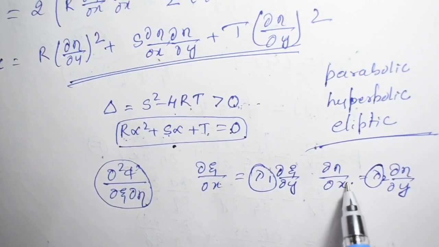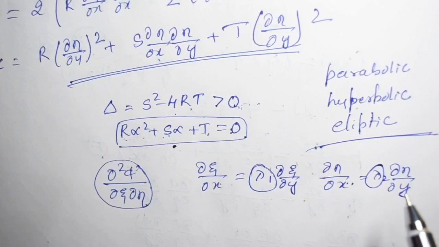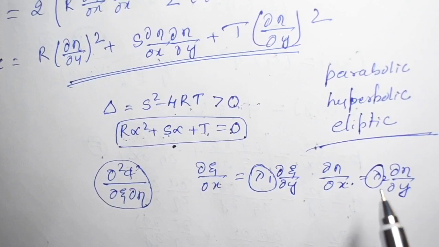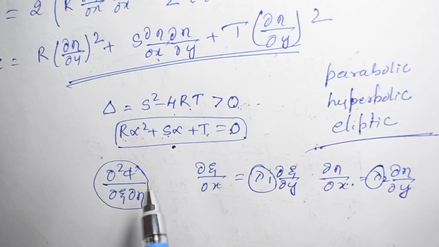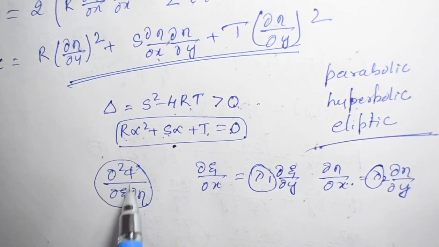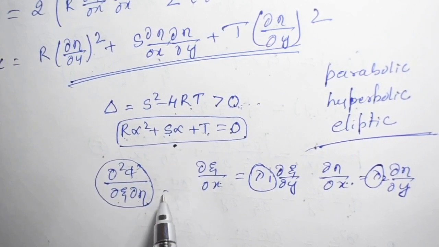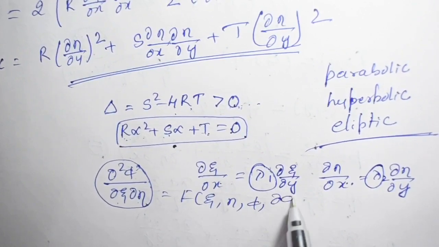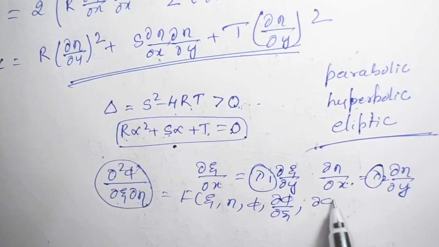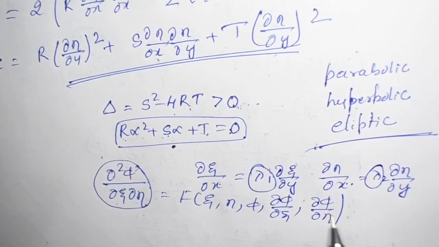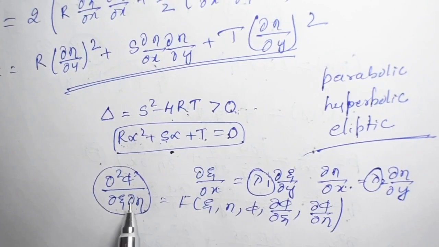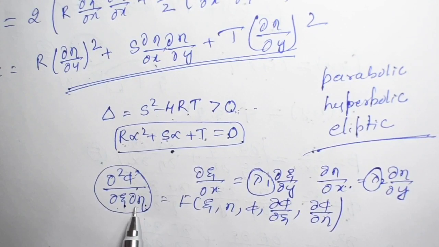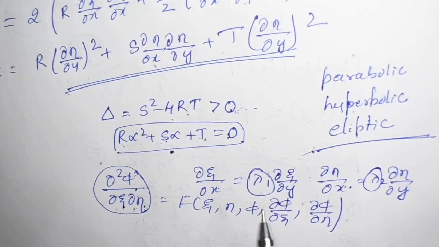With the help of xi and eta you are going to transform the equation, right? Then after the transformation the remaining equation will be of the form del square phi by del xi del eta is equal to f of xi, eta, phi, del phi by del xi and del phi by del eta. Means all the second derivatives with respect to xi and eta except this term vanish, and you may have any first order derivatives, that doesn't matter.